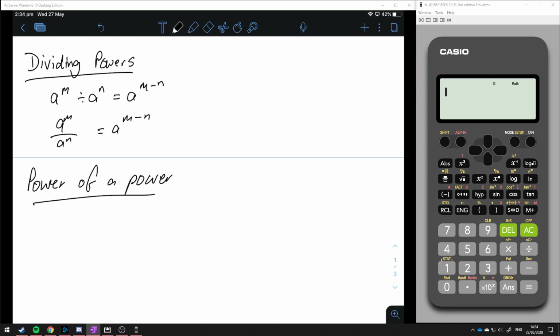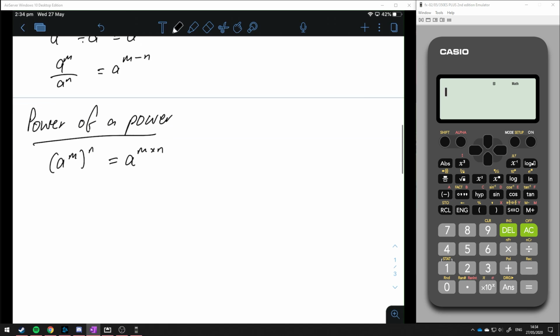Power of a power. If we have a to the power of m, all to the power of n, then that is just the same as having the product of the two, a to the m times n. Now, power of a product is a little bit different.